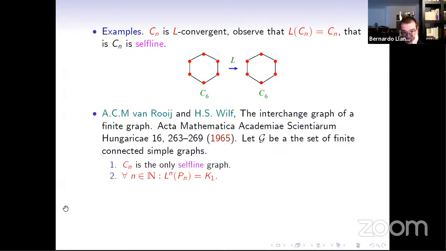Then you have that for every n, Pn is convergent, and it converges to K1, to a point, to a vertex.